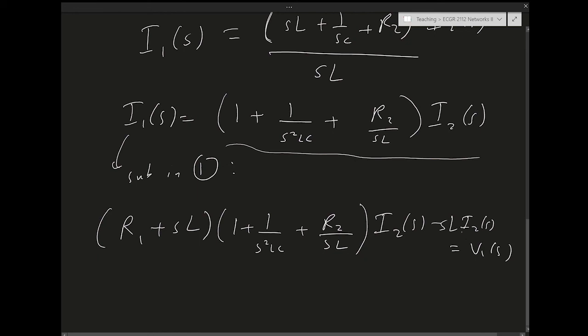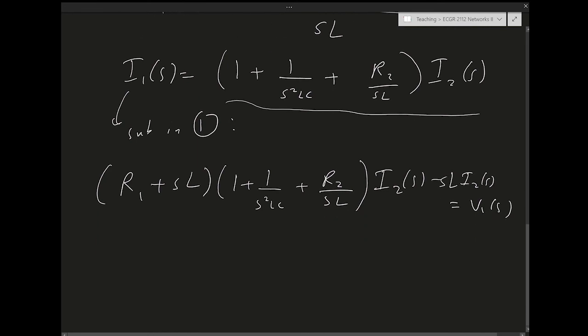I can take I2S as a common factor and then divide both sides by the remainder after I take I2 as a common factor. So I took I2S as a common factor, and then whatever I took I2 from, I divide by that, and I move it to the other side.